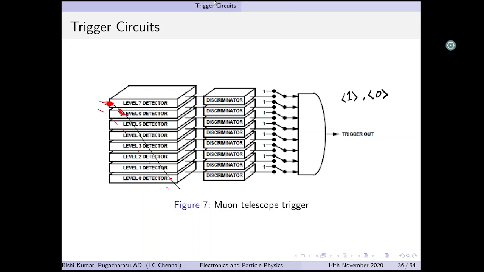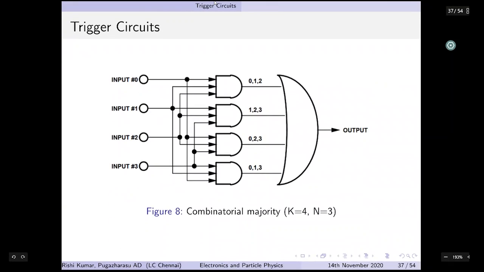And we can make it a little bit bigger than this yet again. We can look at what's called a combinatorial majority, which is to say that it looks for coincidences among multiple detector levels by using an AND port. So it's not a complete AND.